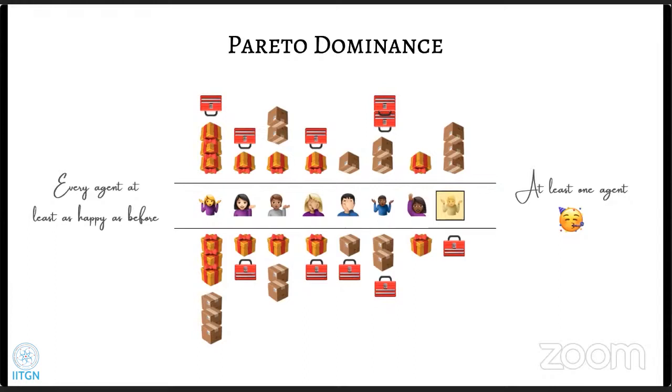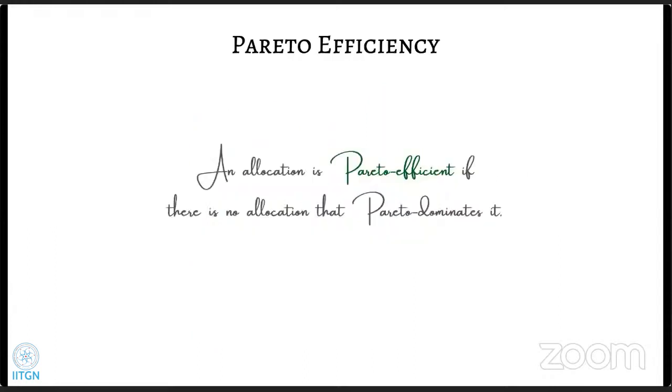Okay, awesome. All right. So Pareto efficiency simply means finding an allocation that cannot be Pareto dominated. And it should be clear that Pareto efficient allocations exist because the space of allocations is finite.